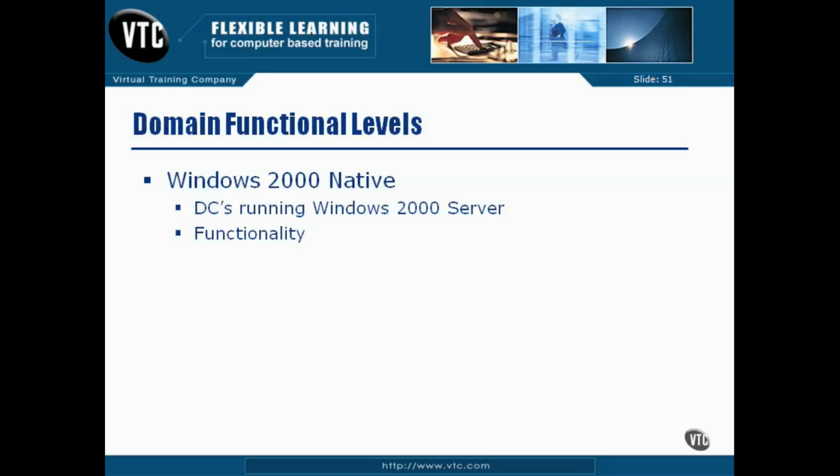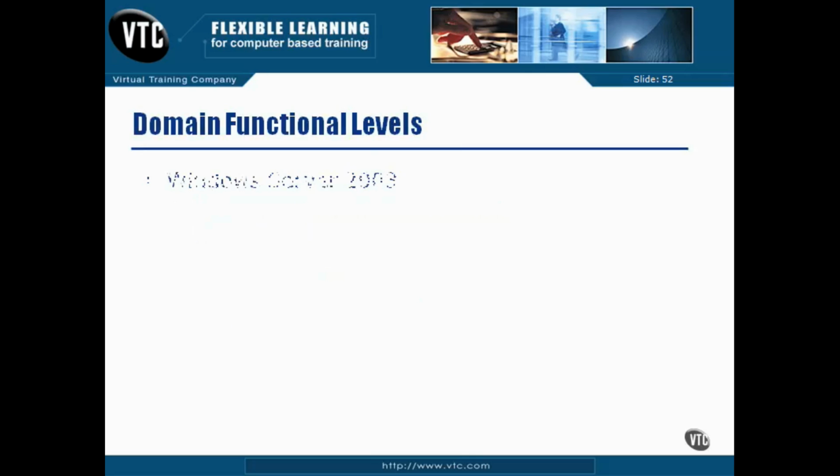So, what functionalities do we have? Well, Windows Server 2000 brought us universal groups, group nesting, group conversion was enabled, SID history, the security ID history. So anyway, we're going to set it to Windows Server 2000 if we have Windows Server 2000 boxes in our environment.